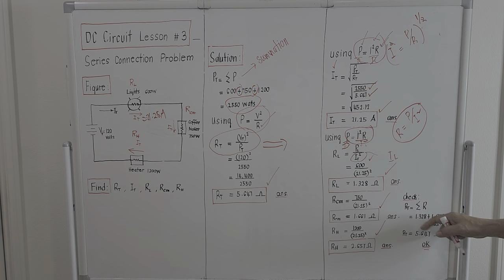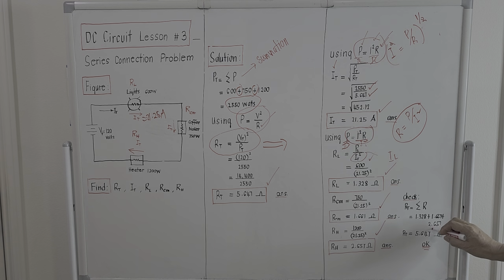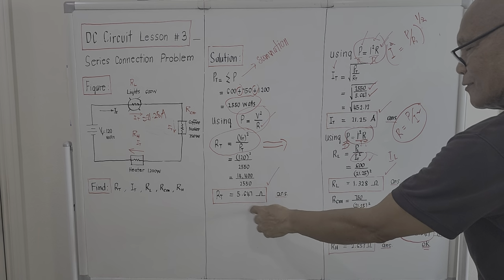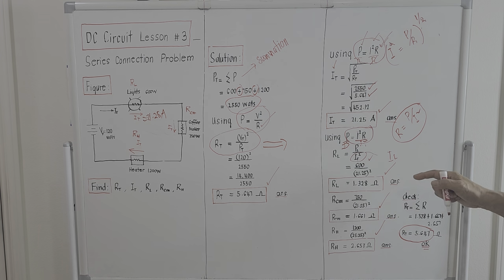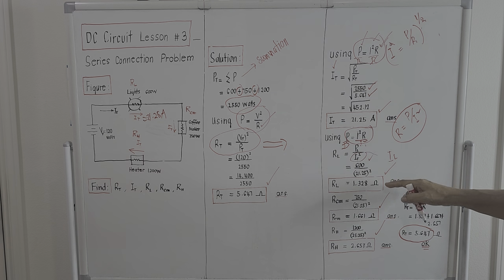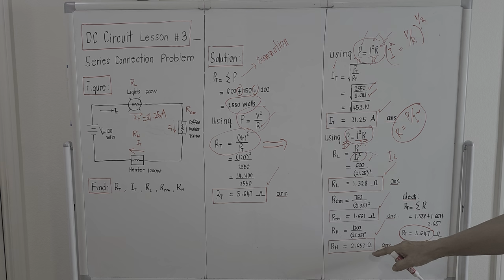If we take the summation using our calculator, the single equivalent is 5.647 ohms, and it tallies with our computation of R total, 5.647 ohms. So our computed individual values of the resistances are all correct: 1.328, 1.661, and 2.657.